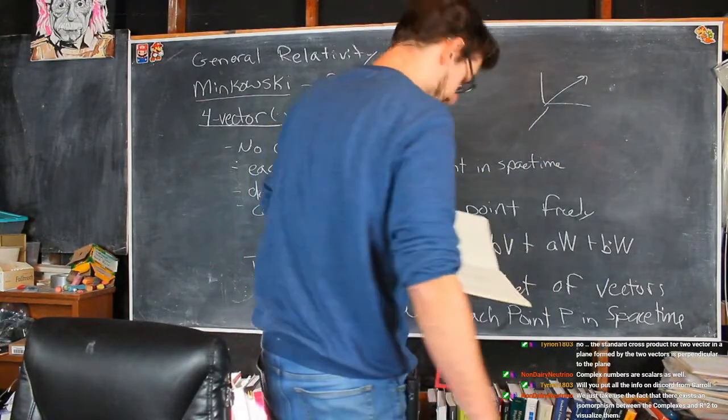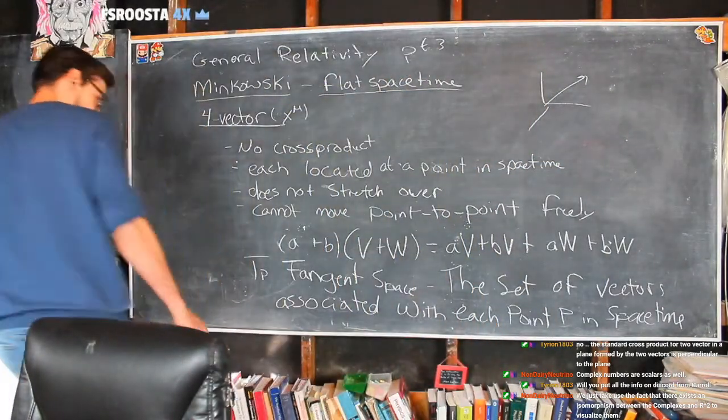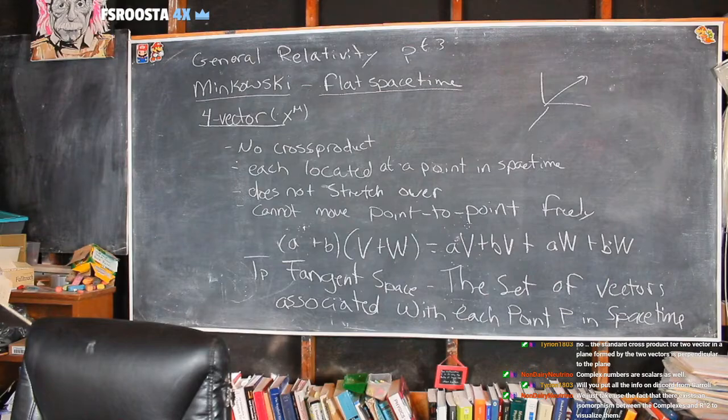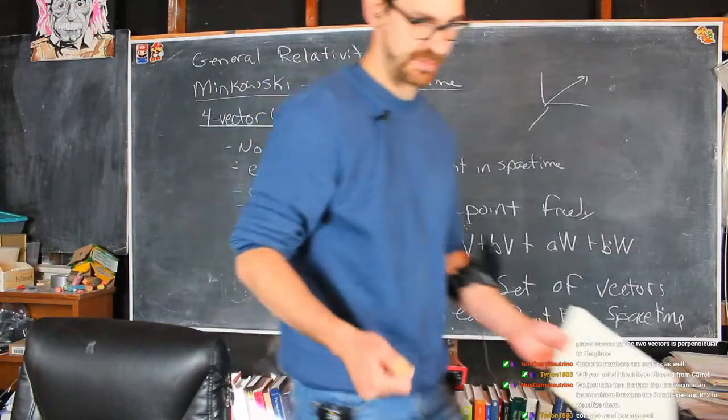So there we go. Okay, so the set of all vectors associated with each point P in space-time. So let's go look at a picture of that.